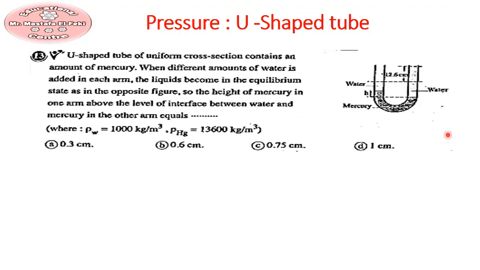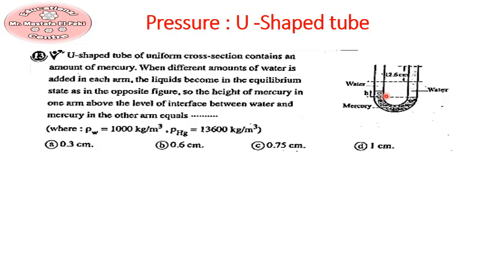A U-shaped tube of uniform cross-section area contains an amount of mercury, when different amounts of water are added in each arm. The liquid became in equilibrium state as in the opposite figure. So the height of mercury in one arm above the level of interface between water and the mercury in the other arm equals. First, this is the height of water, and this is the height above the surface of water.